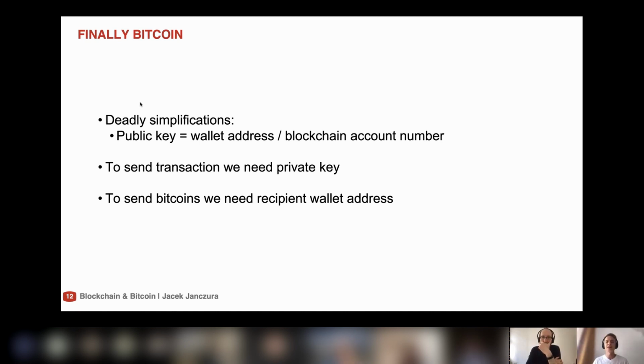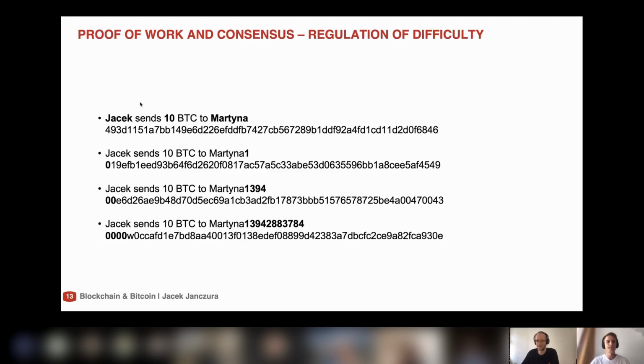And we can access the assets by having the private key and giving a proof to the network that we are the owners of the private key. To send a transaction, we need the private key, because we need to provide a signature with our private key that we are doing the transaction. And to send Bitcoin to the recipient wallet address, we just need their public key. That's it.